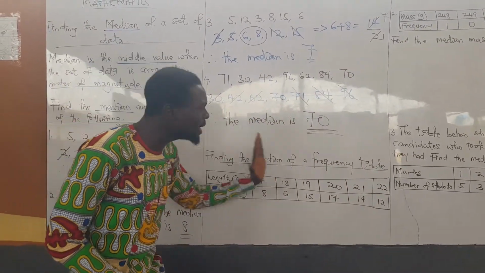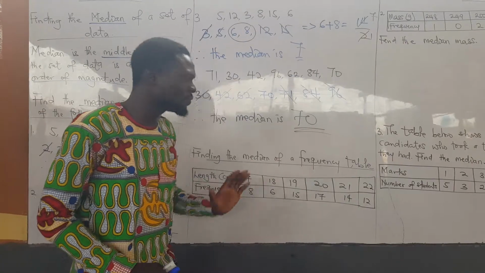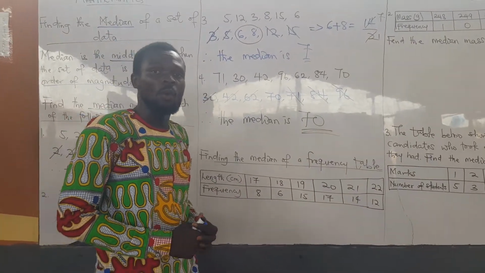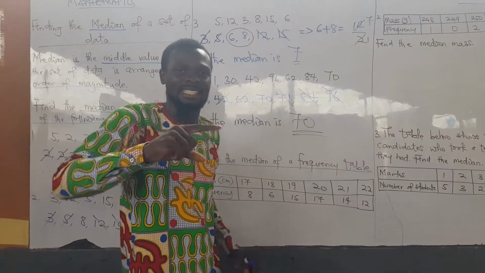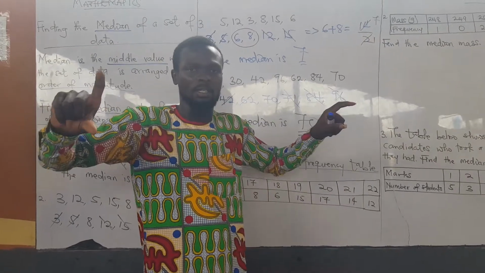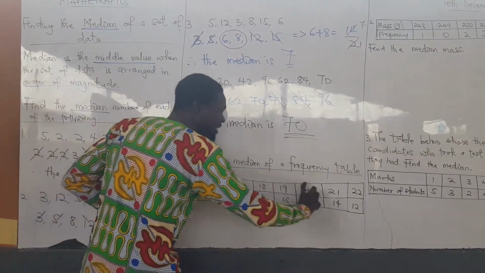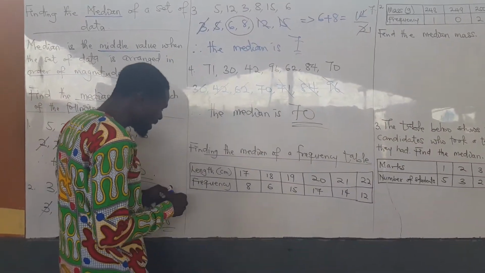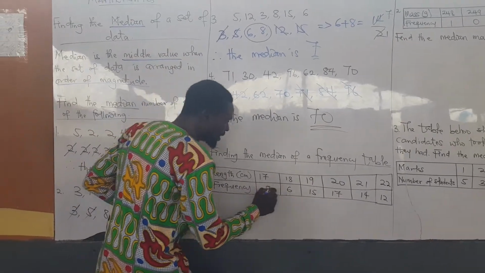To find the median on a frequency distribution table, we first have to find the sum of the frequencies. When you look at this table, the frequency is this column, this side.